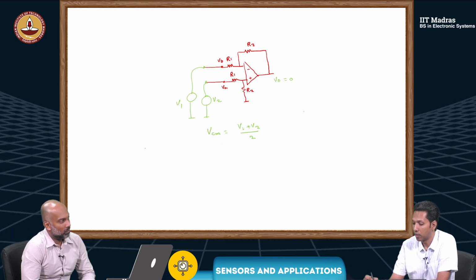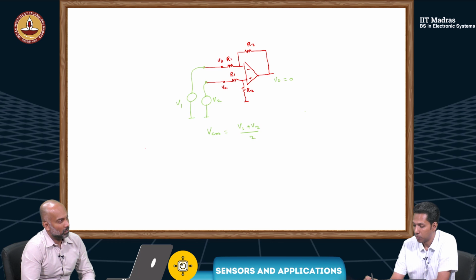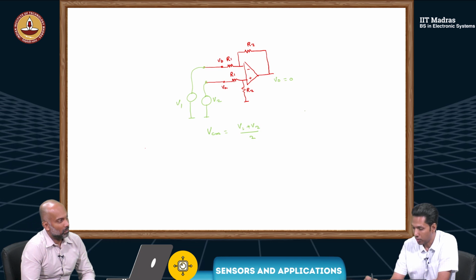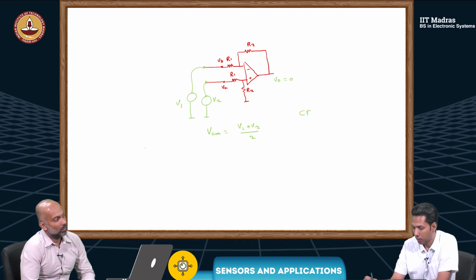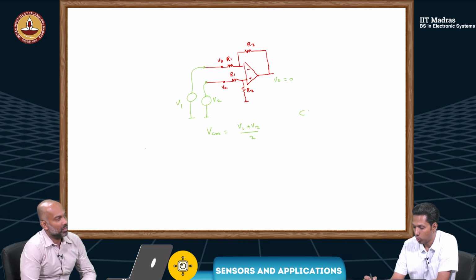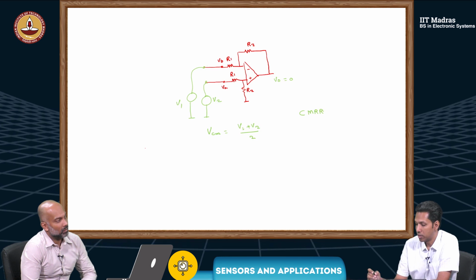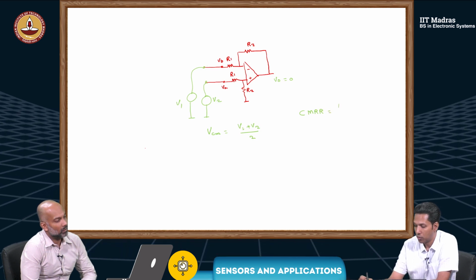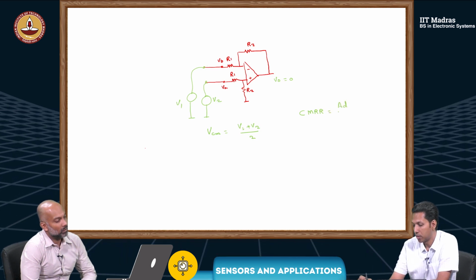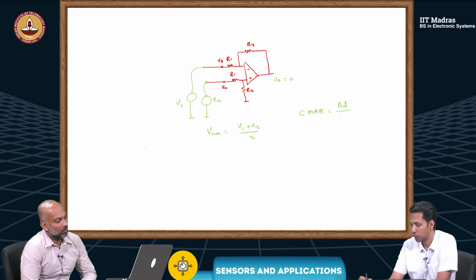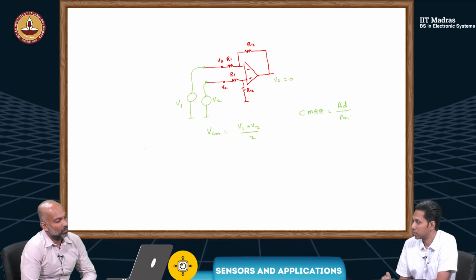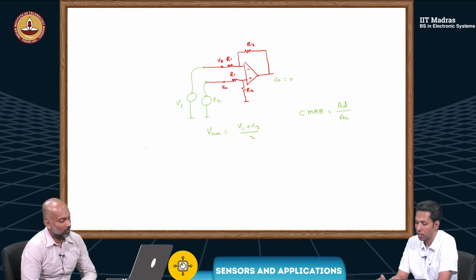If you refer, we can see a performance factor called CMRR, common mode rejection ratio, which is the ratio of difference gain by common mode gain. AC is the common mode gain, AD is the difference gain.